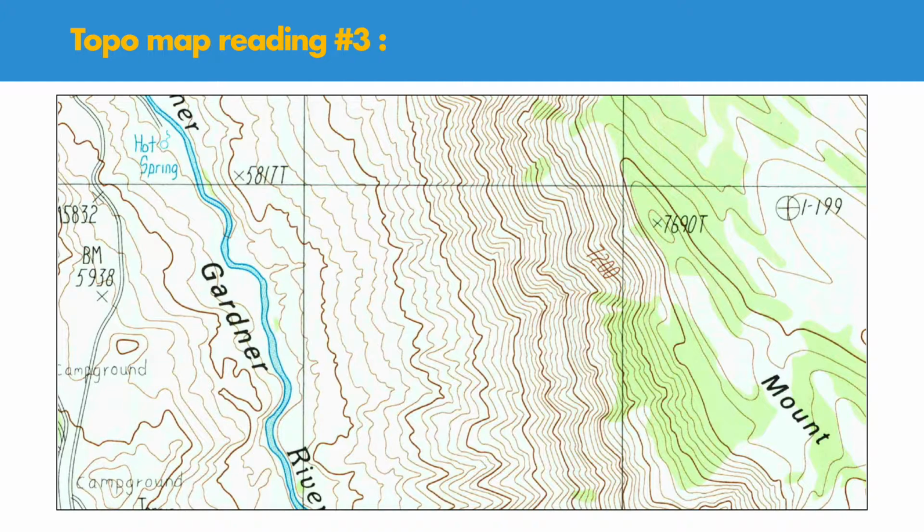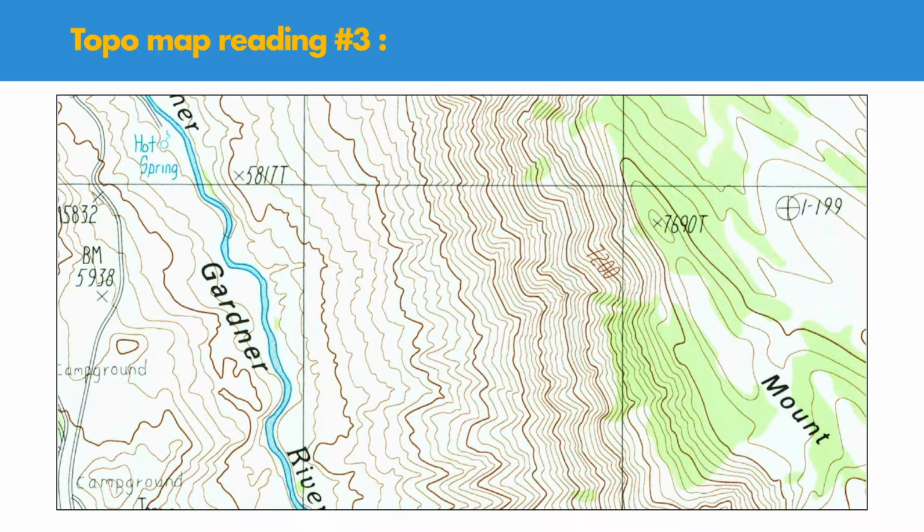In this topographic map excerpt, we have some vegetation represented by this green color, a river here, and some campgrounds. And from these two elevation values, I know that the direction of the slope is this way. But with this river, I know that the slope goes down from this place just to the river.